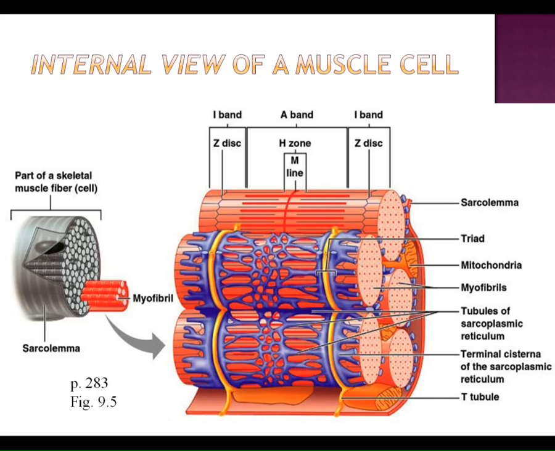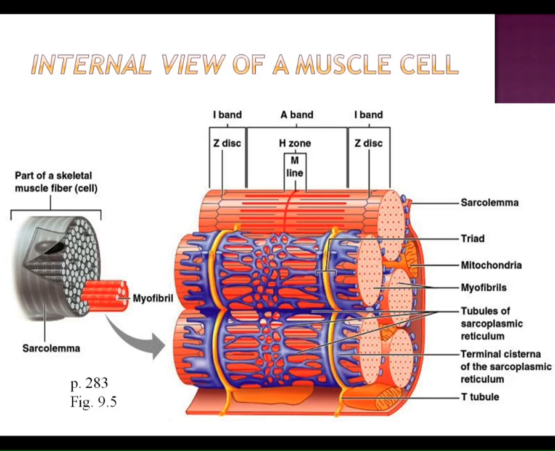That's called the I band. They get the I and the A. I stands for isotropic, which means light can pass through. A means anisotropic, which means light does not pass through. So when you look at skeletal muscle under microscopy, electron microscope, you see these light and dark bands. What is the light band?